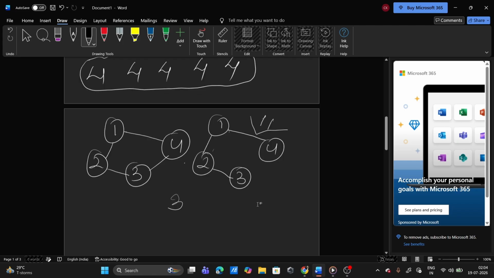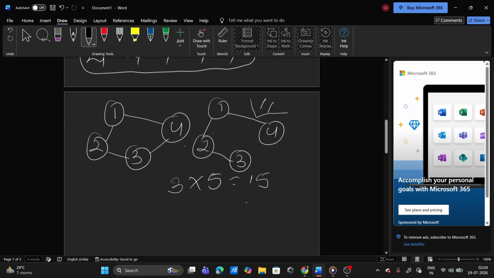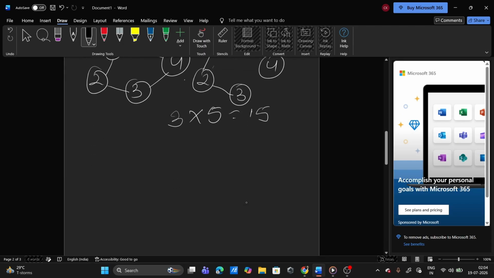In a component which has 4 vertices, the minimum number of edges possible is 3. Therefore, we have 5 such components, so 3 into 5 would be 15. So 15 is the minimum number of possible edges in this graph. Now this is the manual work that you have to do.